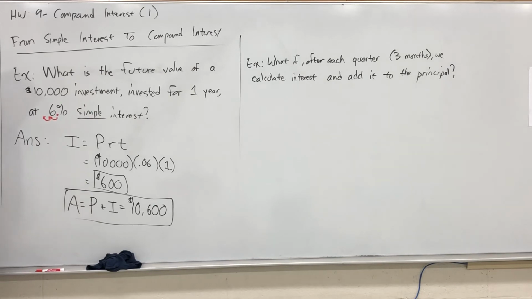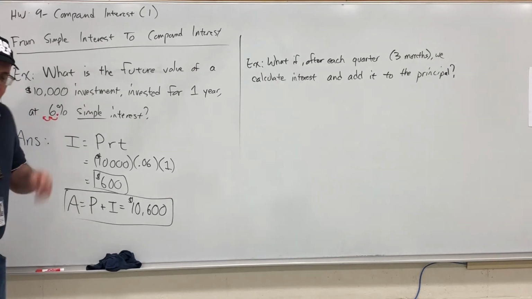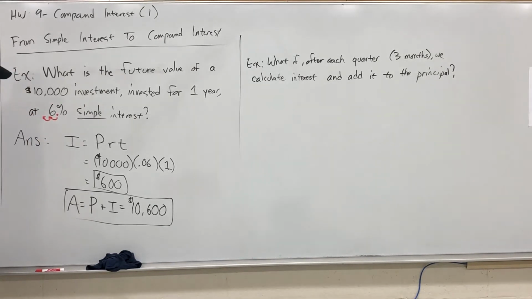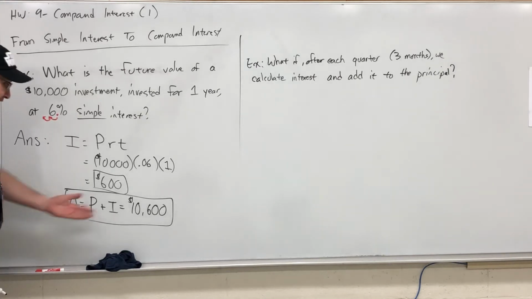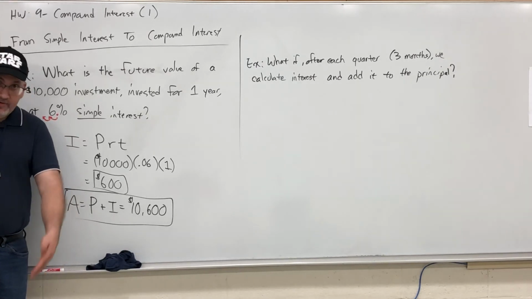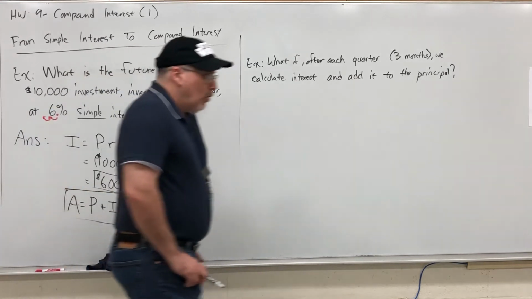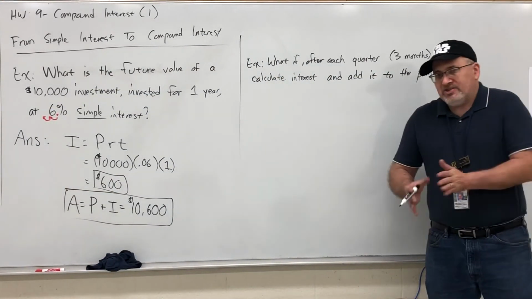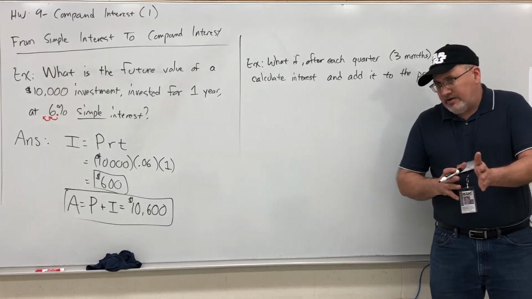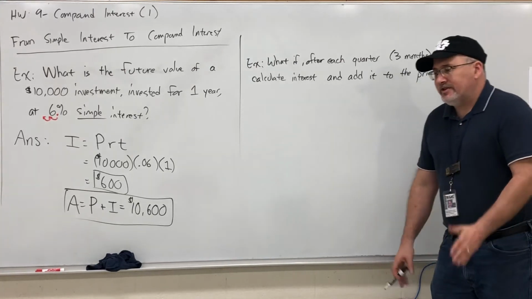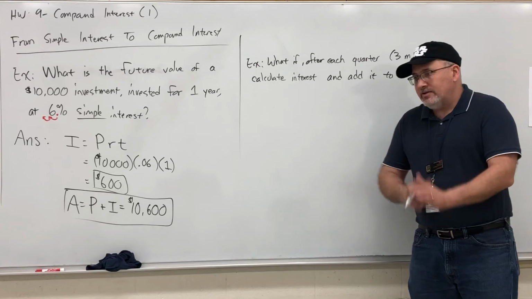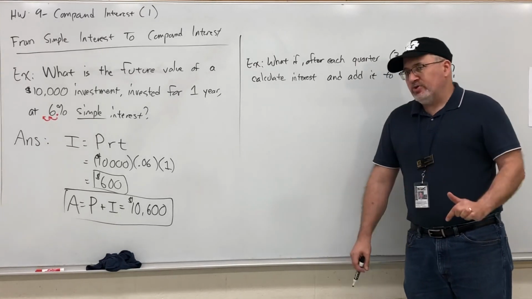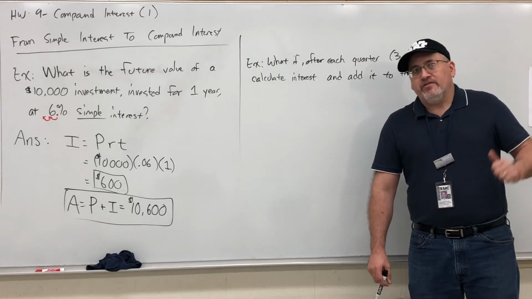However, what if we did something besides just simple interest? Simple interest is basically saying, I'm going to calculate your interest and at the end I'll give it to you. But what if instead of waiting until the end of an investment, we pause the clock part of the way in, calculate the interest that's been earned up to that point, add it onto the principal, and then resume the investment.